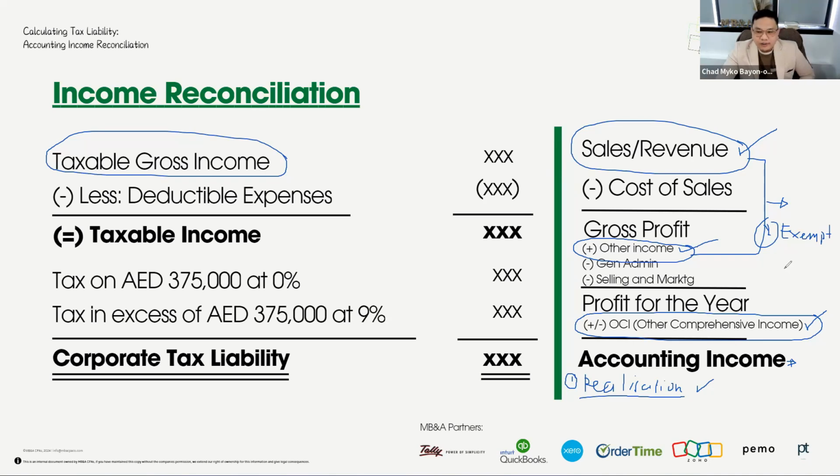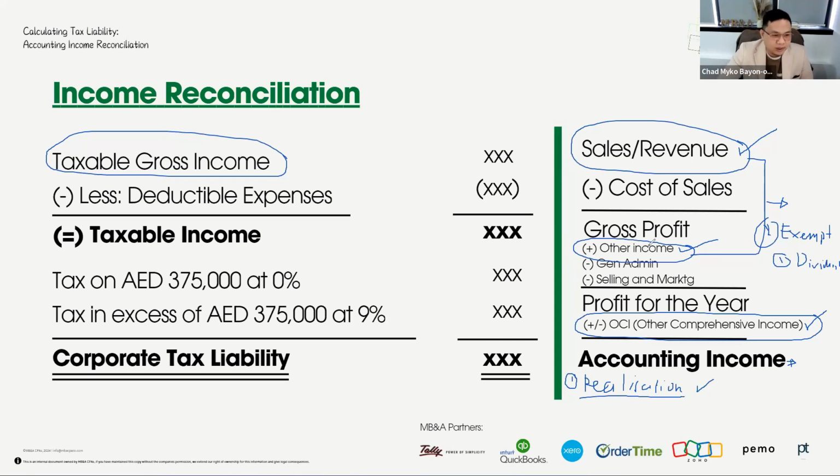So what are the examples of exempt income? First, you have your dividends. Normally, whenever you have your accounting income calculation, your dividends are presented as part of your other income.